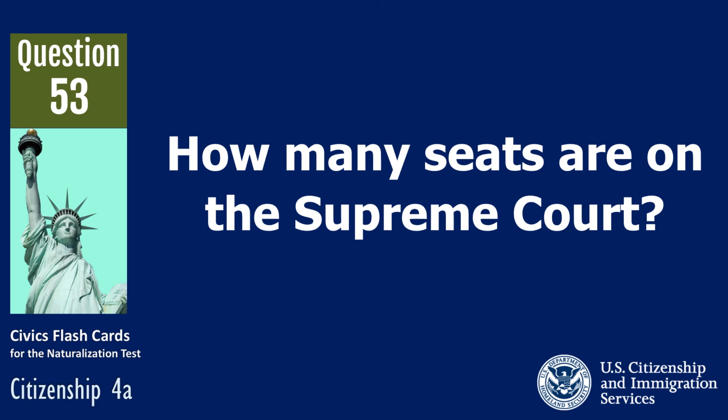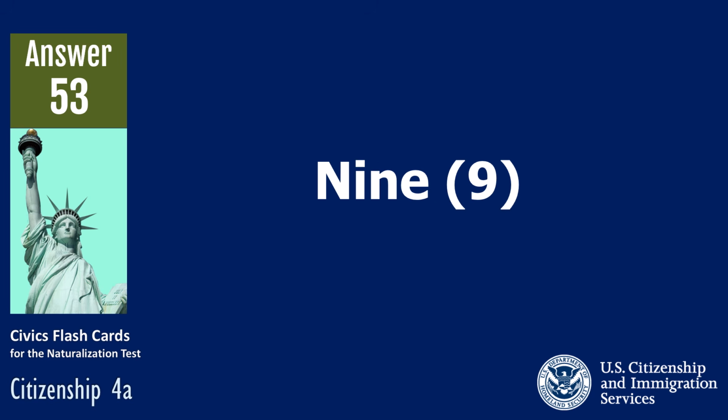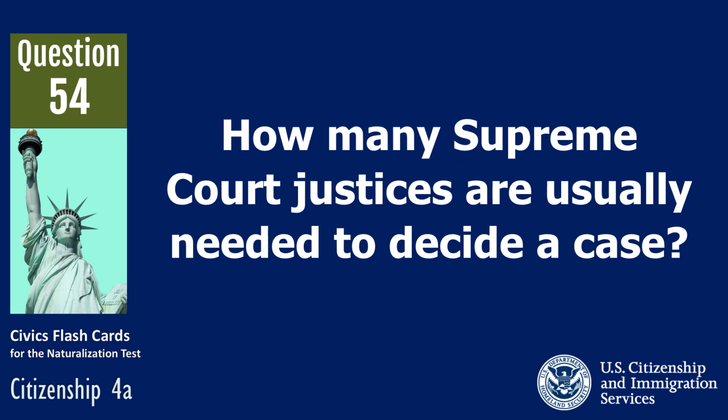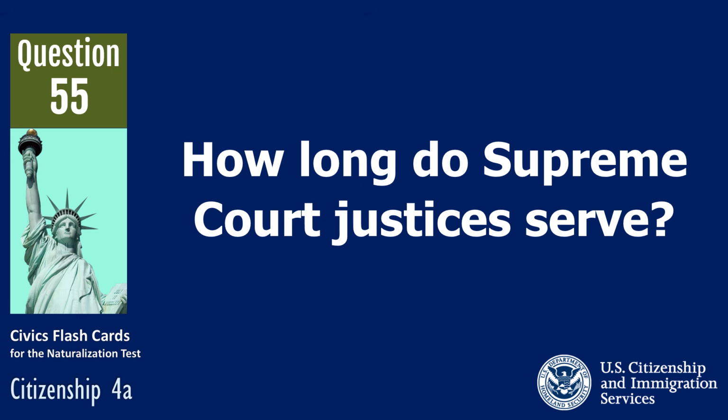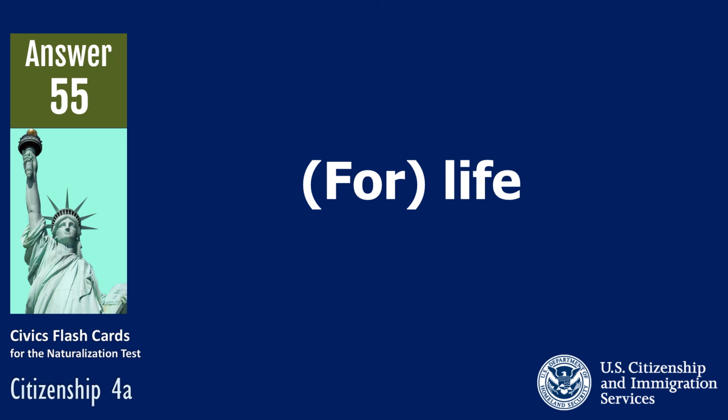How many seats are on the Supreme Court? 9. How many Supreme Court justices are usually needed to decide a case? 5. How long do Supreme Court justices serve? Life.